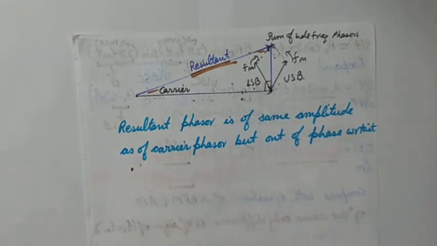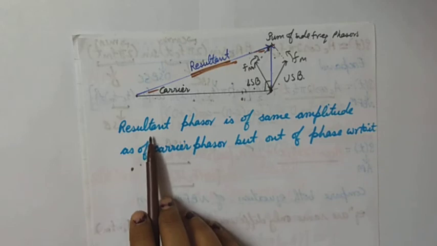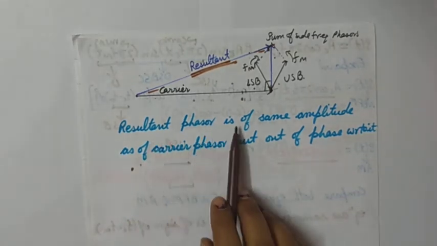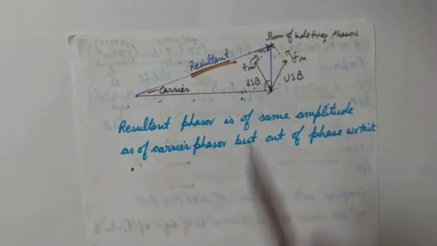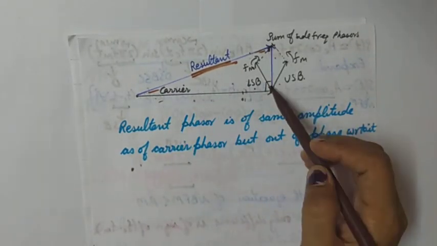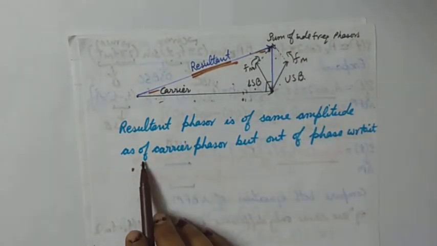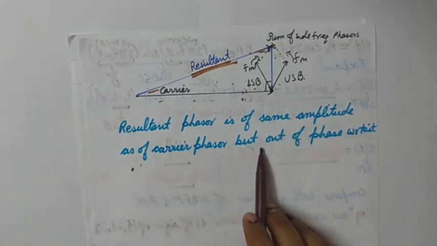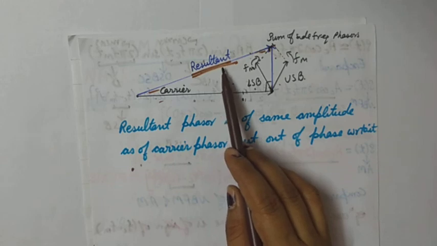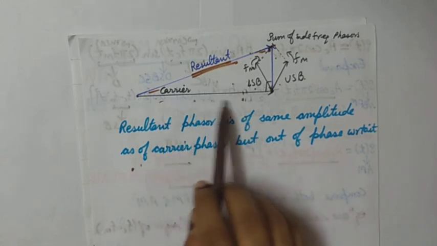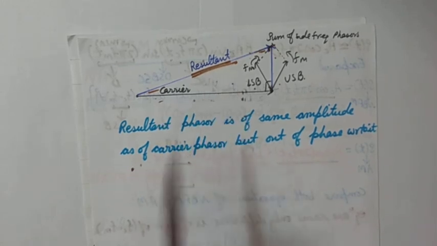So what we see from the phasor diagram is that the resultant phasor of narrowband FM is of the same amplitude, the same length, same magnitude, but they are out of phase to each other, meaning the resultant is of the same amplitude but it is out of phase with respect to the carrier.